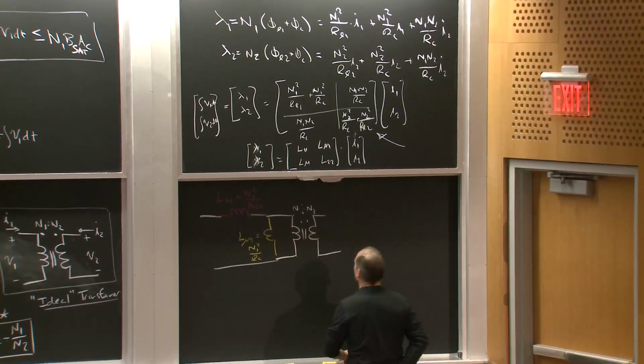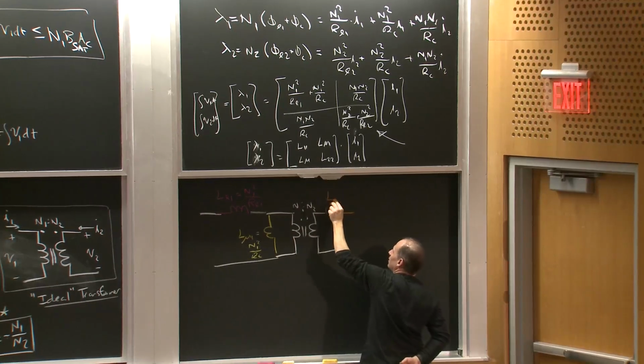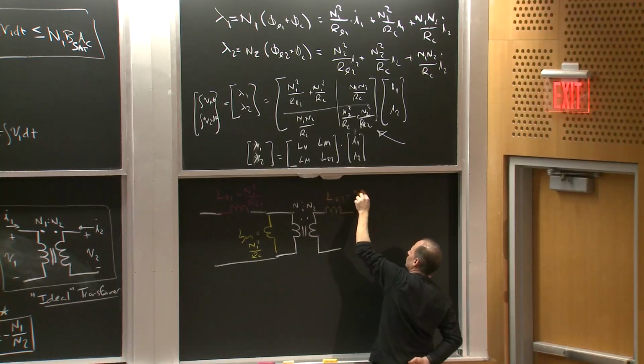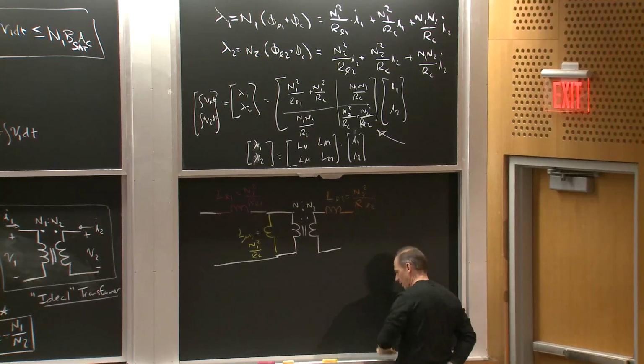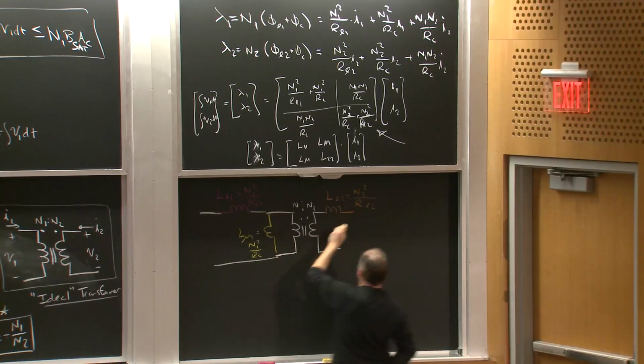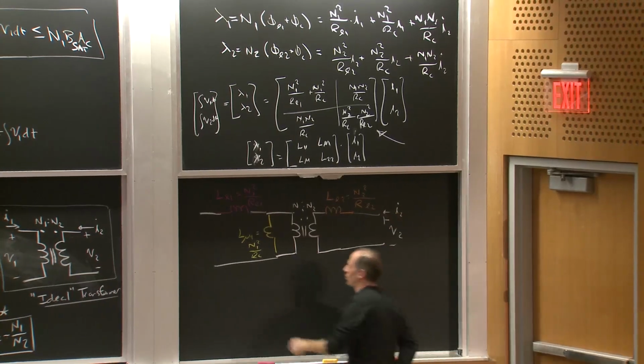And then I'm going to have a second parasitic inductance, L leakage 2, which is equal to N2 squared over reluctance leakage 2. Okay? And I put these together, and then I have V2, I2, and V1, I1.